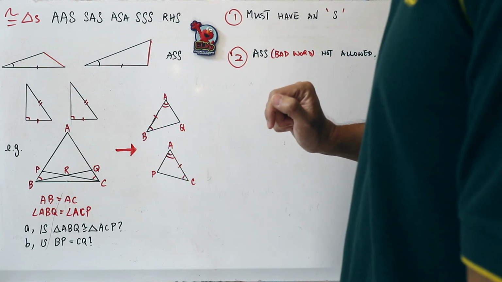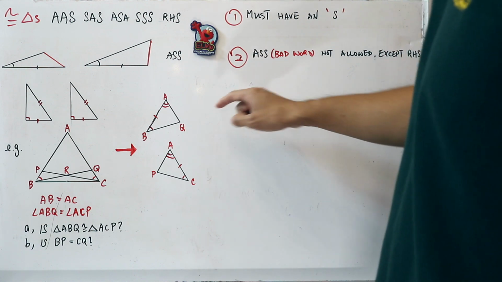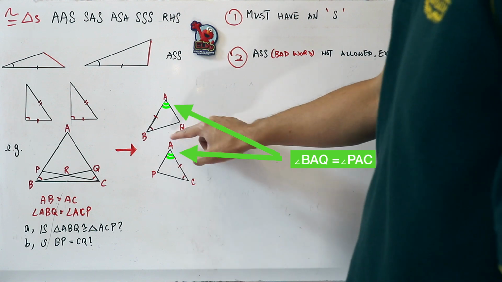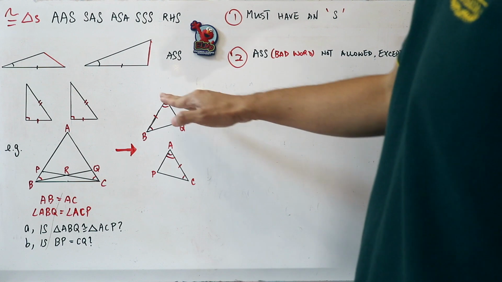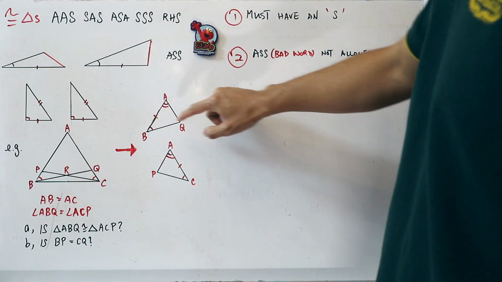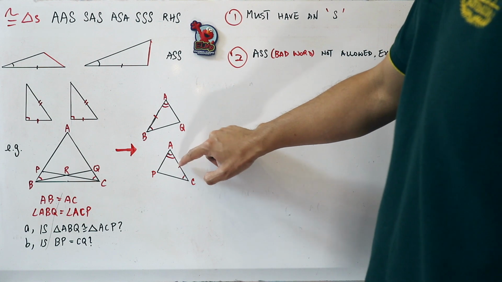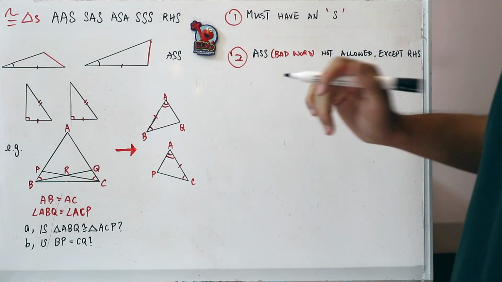There's one thing the question doesn't tell you explicitly, but it is quite obvious: angle BAQ and angle PAC are the same, because they share the same angle. So now if you look at these two figures again, you have angle, side, angle. ASA.